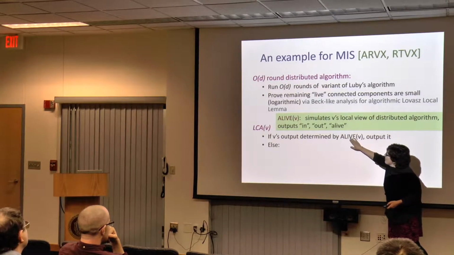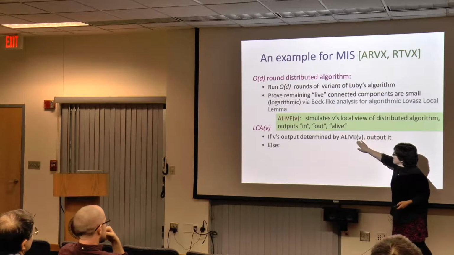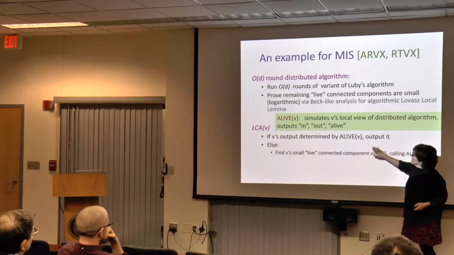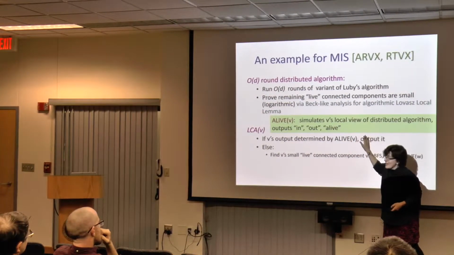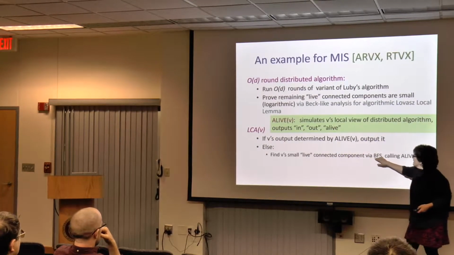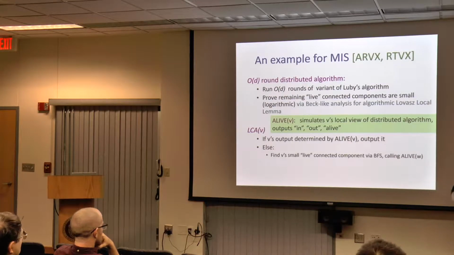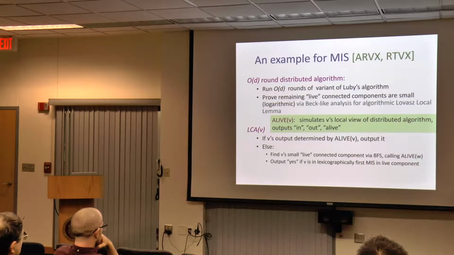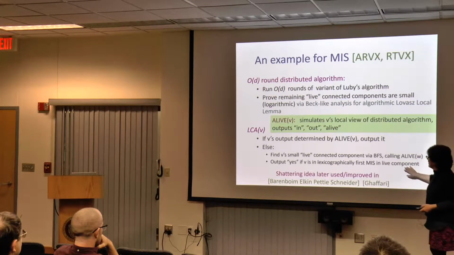Now what the LCA does is it calls this subroutine that's order D to the D time, and figures out if V's output is determined. If it is determined, output that answer. Otherwise, find the live connected component via the BFS, calling alive on each new thing you see in the BFS. But you will only have to go to polylogarithmic places, because that will be the size of your connected component.